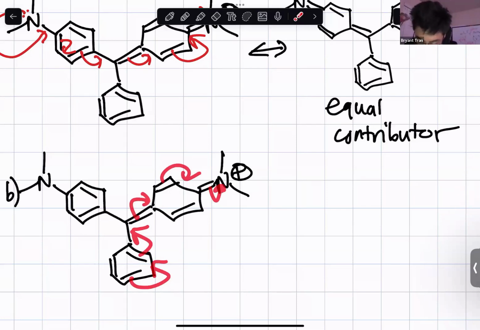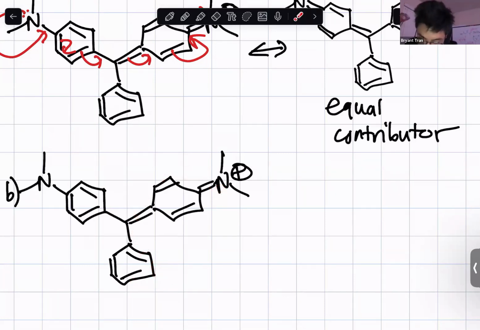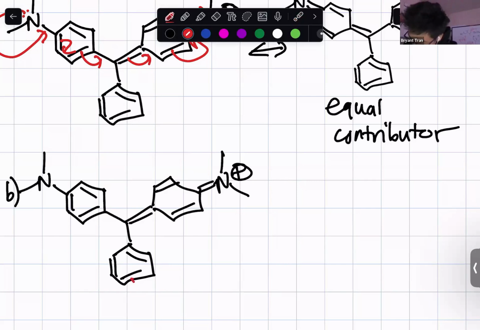And that would give you your minor resonance structure. Yeah, you got that correct. But that positive charge right there that you erased on the minor contributor is supposed to be there still, right? Because that carbon lost the bond, so that carbon should have a positive charge, right?